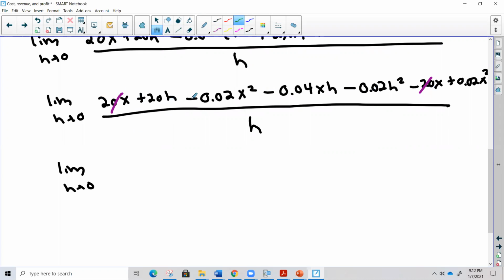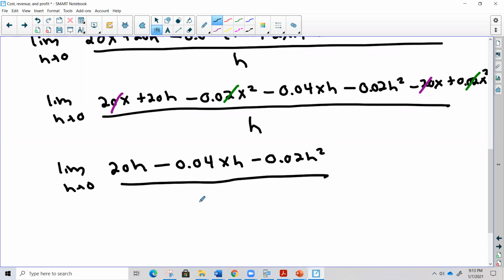I have a 20h that doesn't combine with anything. I have a negative 0.02x squared and I have a positive 0.02x squared. So those add to 0. And then I have a minus 0.04 xh and a 0.02 h squared. So none of those combine. So I'm going to rewrite everything I have left.